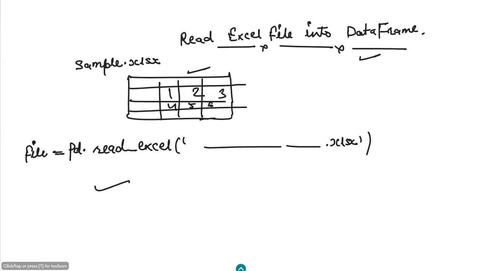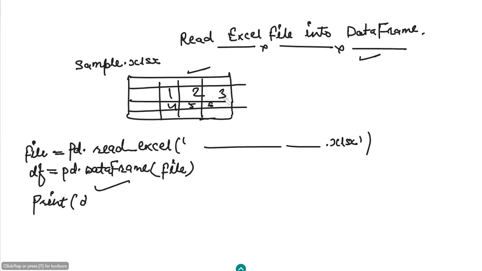After this, we will create a simple data frame, df, and we will pass that file into that data frame, like that. Just pass the file, and after this, you can print the entire data frame from the file. Okay, so in that way we can load any file into the data frame.